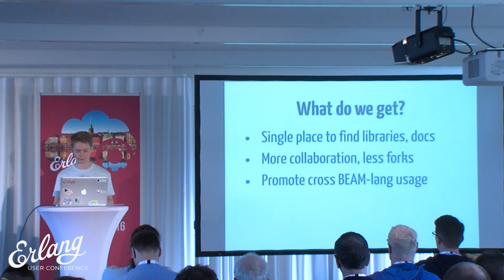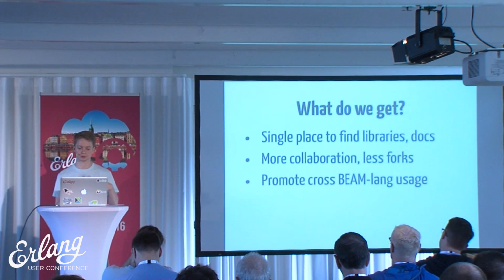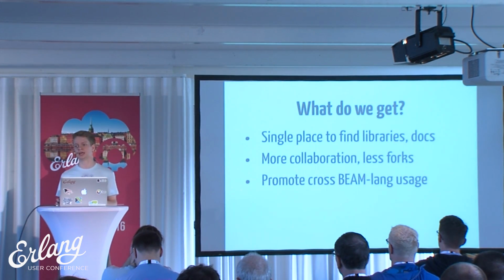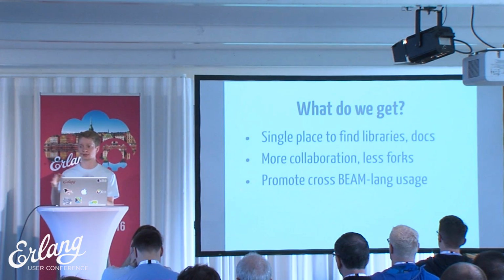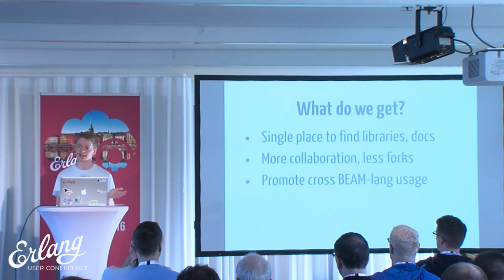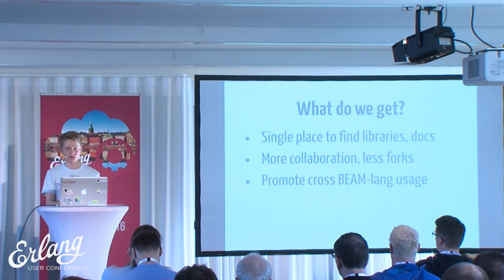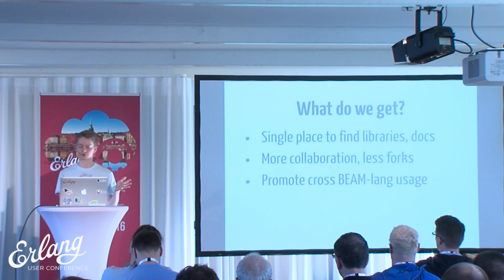So one issue I've seen in the ecosystem is that people are using a library and they like using it, but they find this little bug, and they fix that bug in their fork of it, and they don't really bother contributing back to the main repository, or maybe the original maintainer is not really active anymore, so the pull request just sits there. And from this, a lot of forks are born.